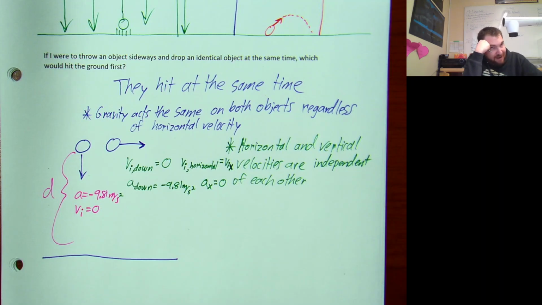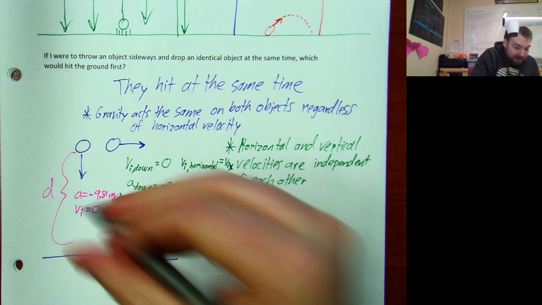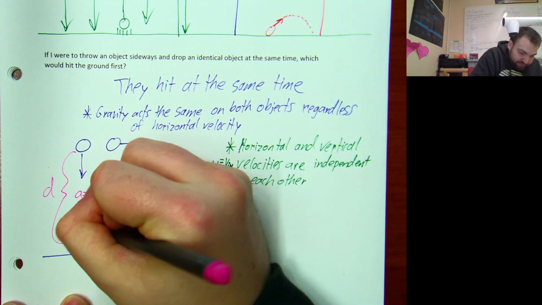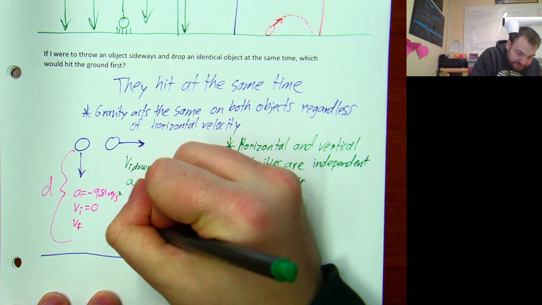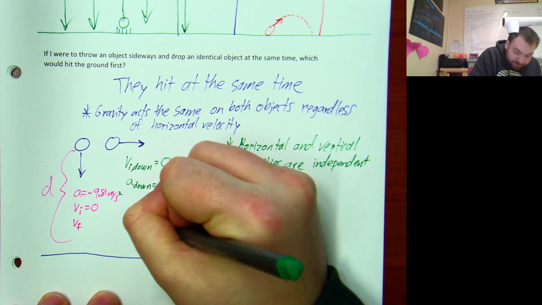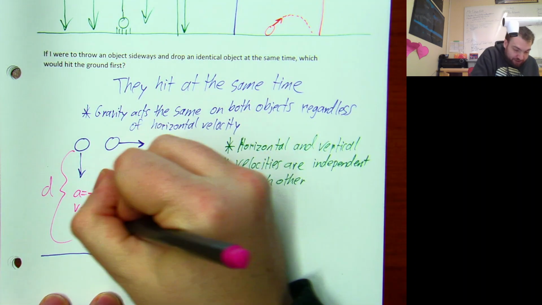Let's keep breaking things up. So this one's going to have a V final, and this one's going to have a V final down. Luis is telling me that these two are going to be equal.